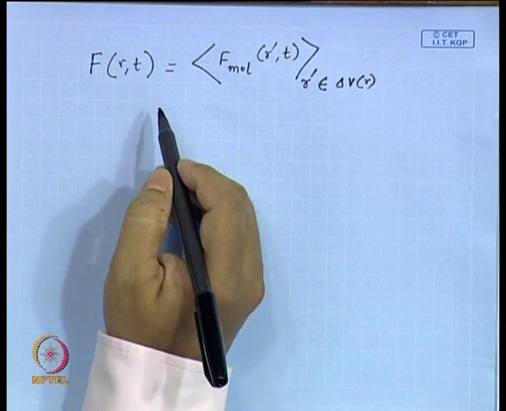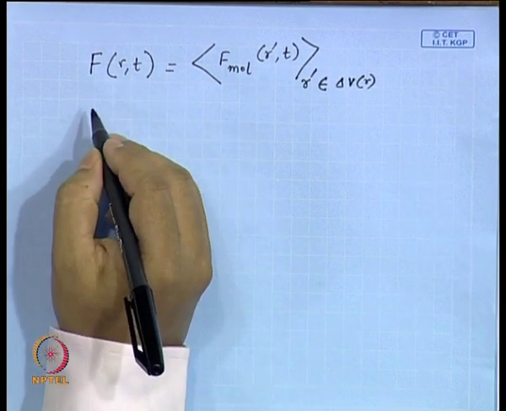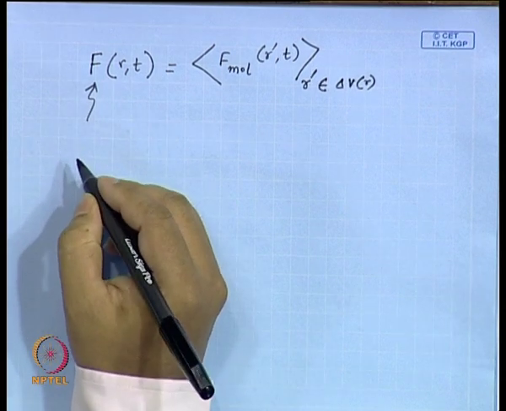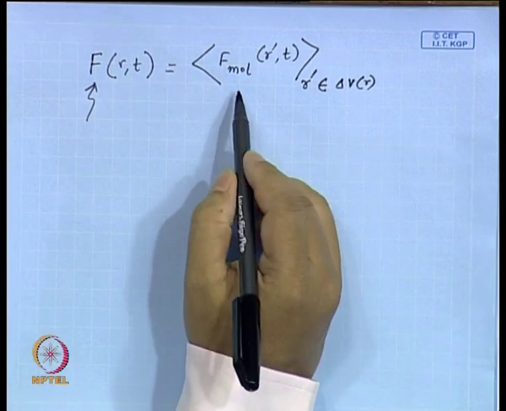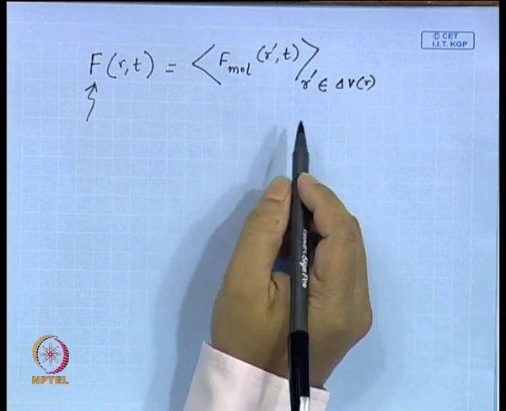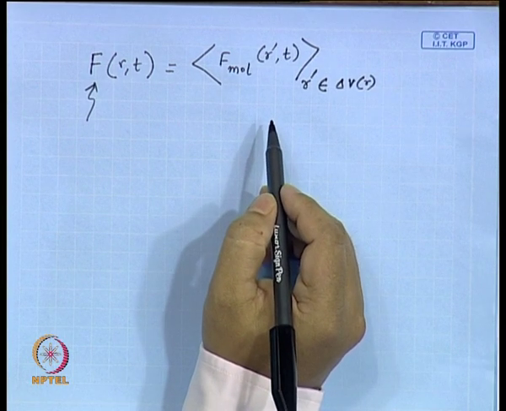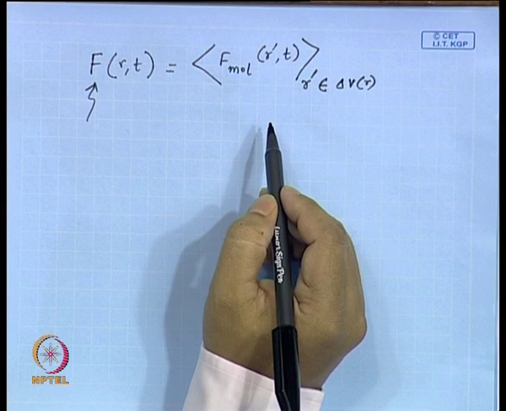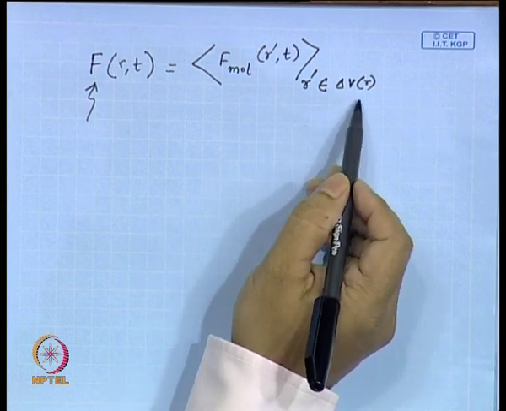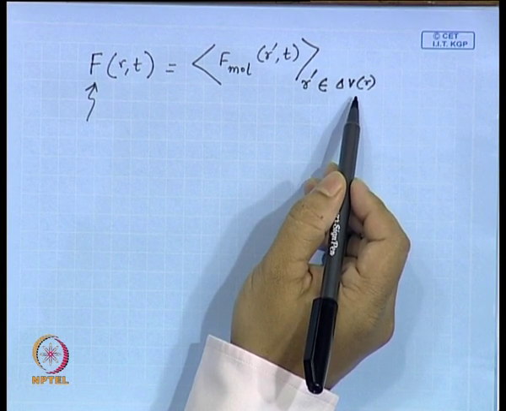So, F(r,t) is the average value of the corresponding molecular quantity f(r',t) for all molecules contained in some liquid volume of delta V positioned at r at time t.